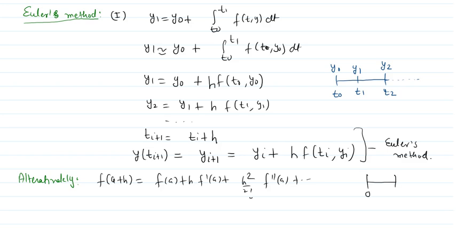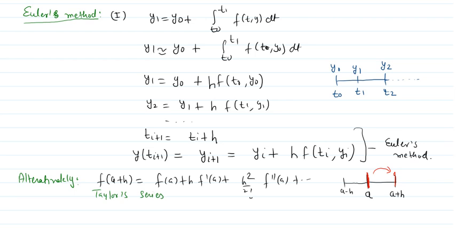Everything on the right-hand side is at a: f(a), f'(a), the second derivative, and you are getting the function value at the nearby point a plus h, by taking h small. This information we apply here. So you know the solution at one point and you can find the solution at a nearby point by writing the Taylor series. So this is the famous Taylor series.